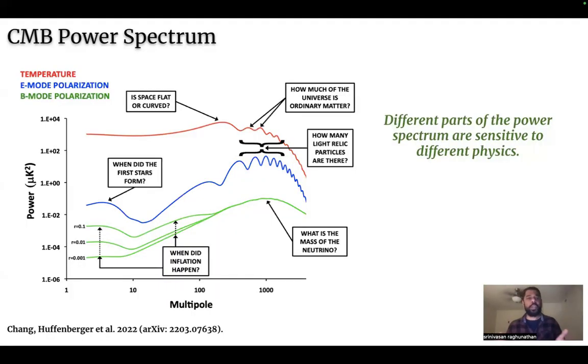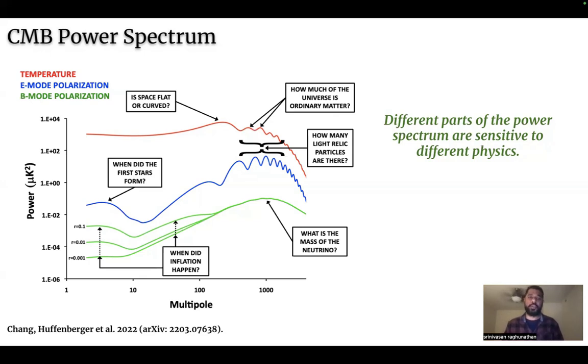So why is the CMB interesting? One of the things that we do as cosmologists is to map the CMB, and then we compute the power spectrum of the CMB. The power spectrum is nothing but the 2-point correlation function in real space. The Fourier space or spherical harmonic space version of the 2-point correlation function is called the power spectrum, which is shown here.